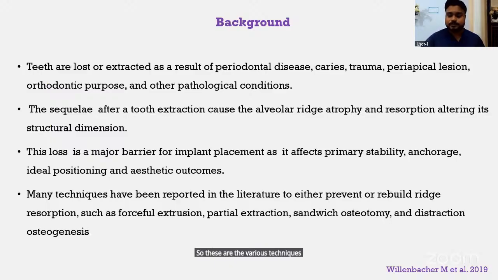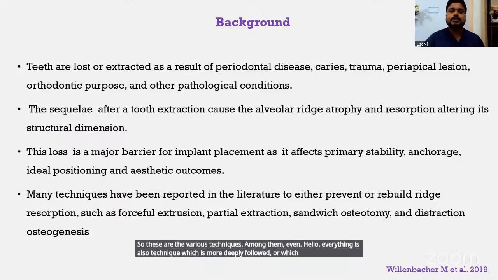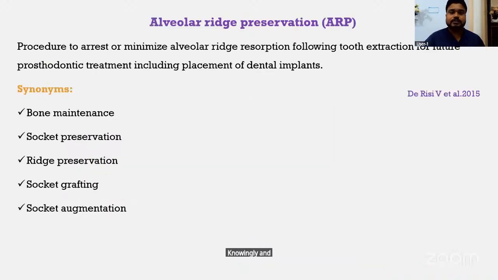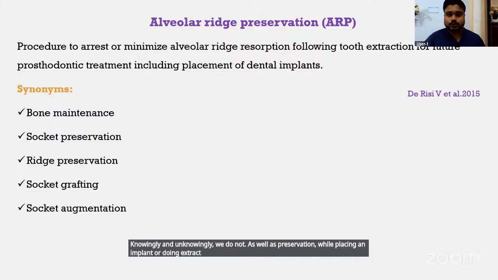Among them, alveolar ridge preservation is a technique which is most frequently followed, and knowingly and unknowingly we do alveolar preservation while placing an implant or during extractions. So what is alveolar ridge preservation?